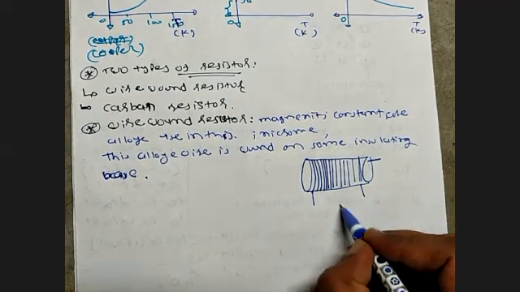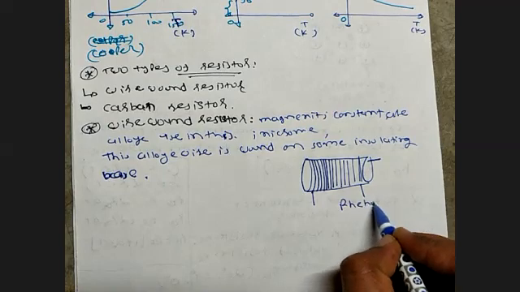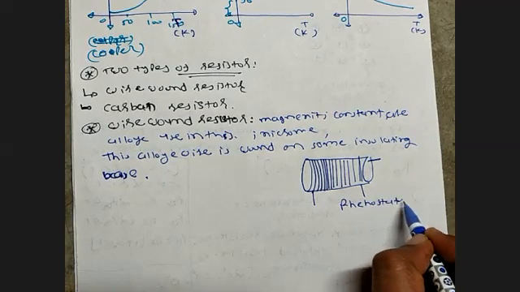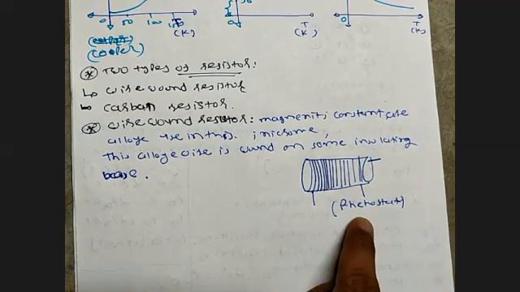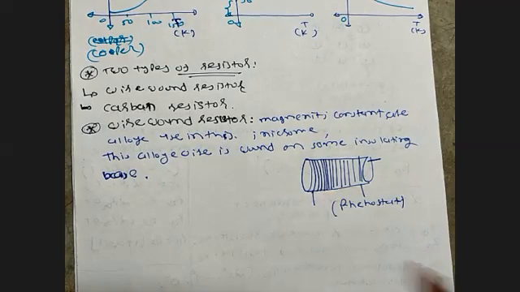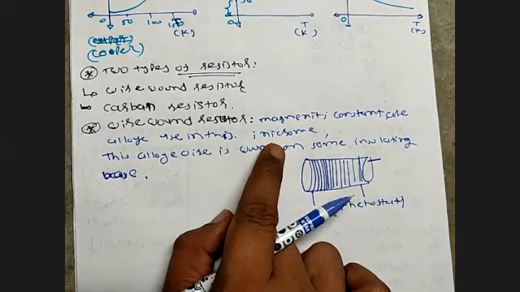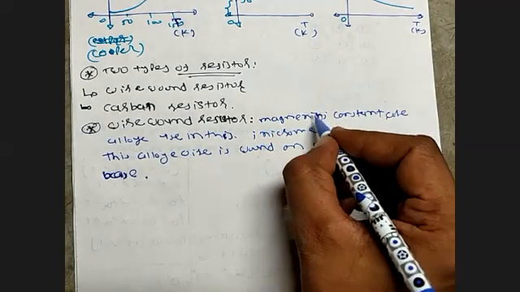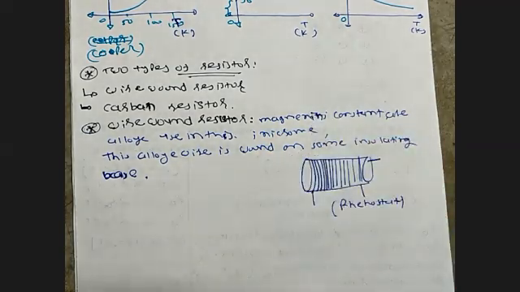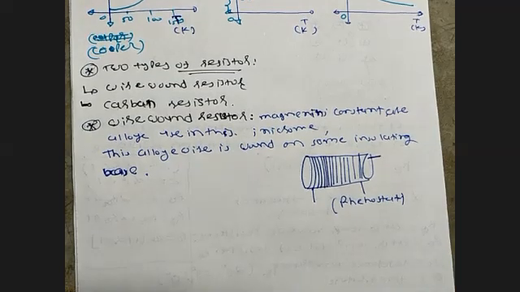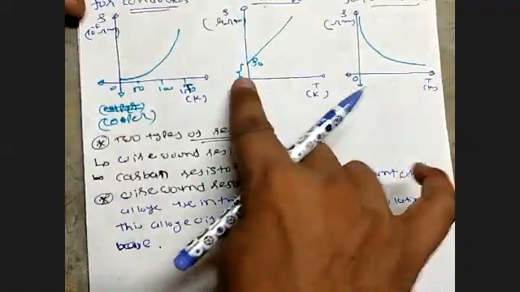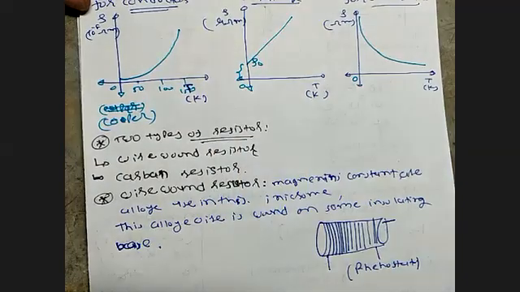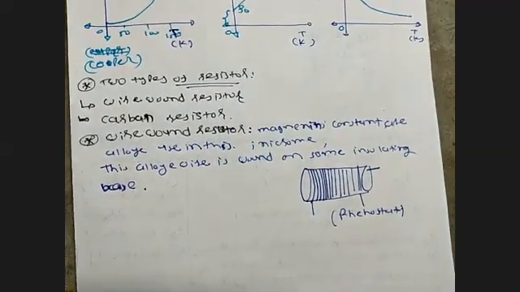This is named a rheostat. In wire wound resistors, we utilize nichrome, manganin, constantan. That is the wire wound resistor. Its temperature dependence is like this, and that's why it is important.